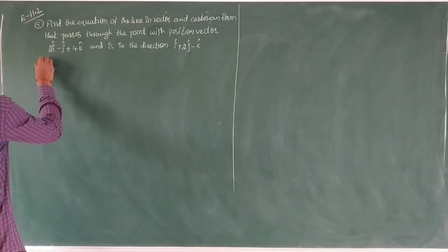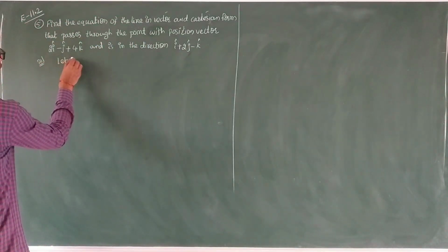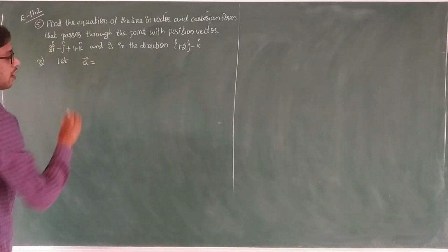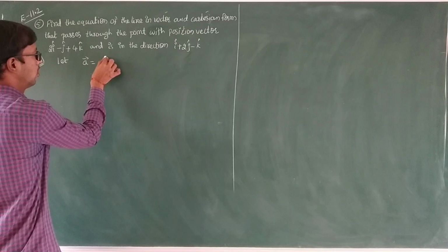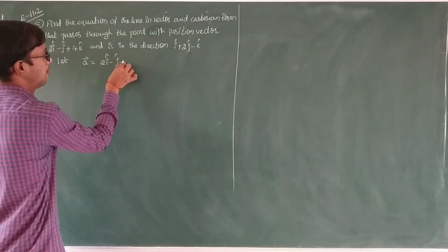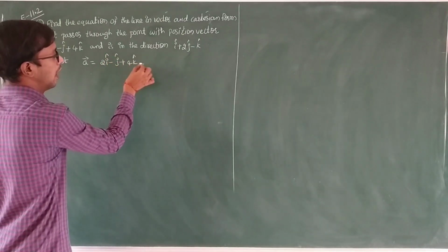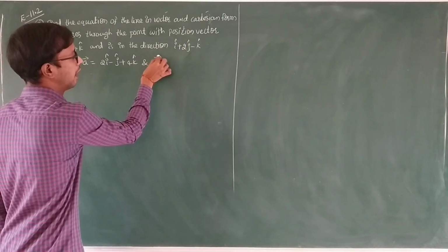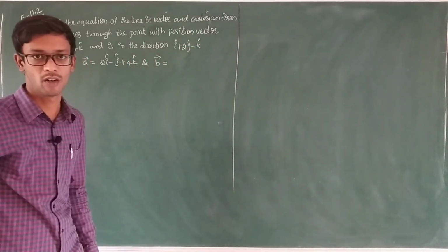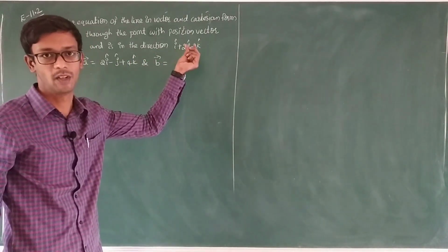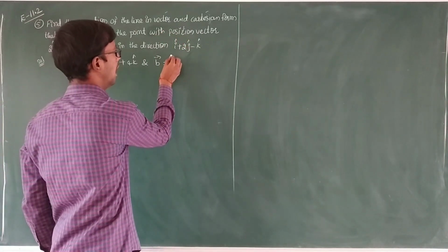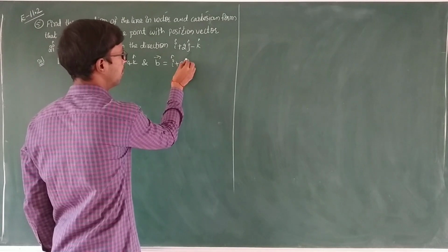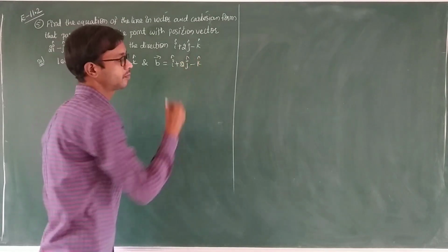Solution. Let me take A bar as the position vector of a point. A bar is equal to 2 i cap minus j cap plus 4 k cap, and B bar is the direction vector, which is i cap plus 2 j cap minus k cap.